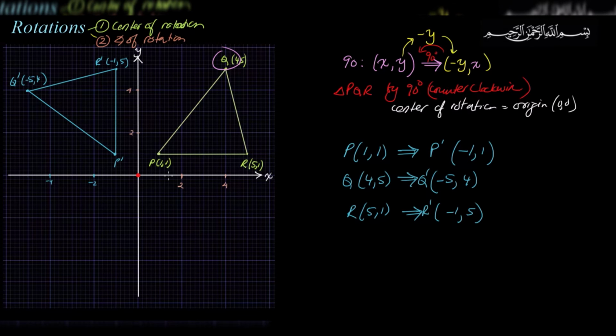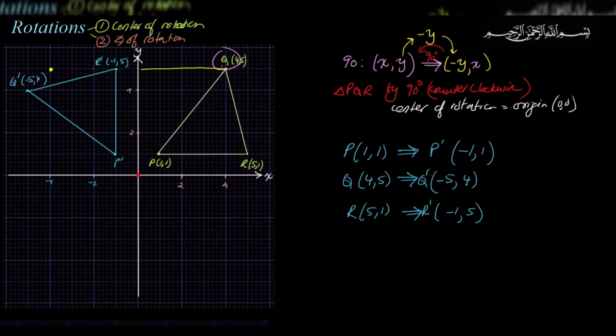I just wanted to bring to your attention, this is not the same as reflecting about the y-axis, because if we were indeed to reflect this particular triangle about the y-axis, P would go over here, Q would go over here. Let's say this is 4.